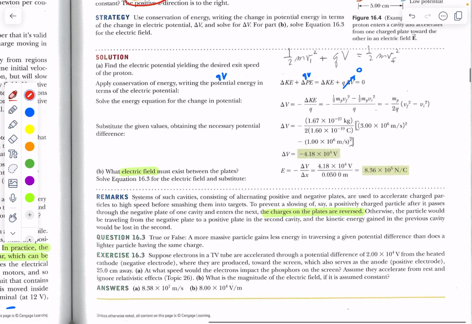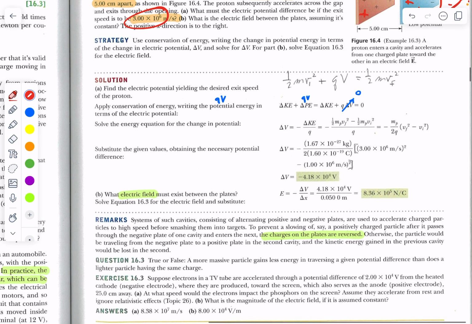In any case, when we look at this problem, we want to find the electric potential that's going to give me the desired speed. And so we have the initial kinetic energy of my particle, and it enters an electrical field right here. It's going to have some final velocity as a result.